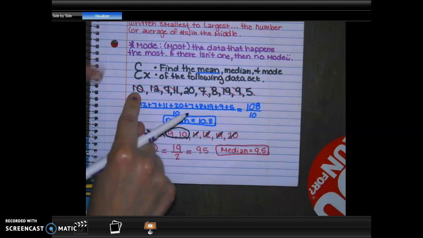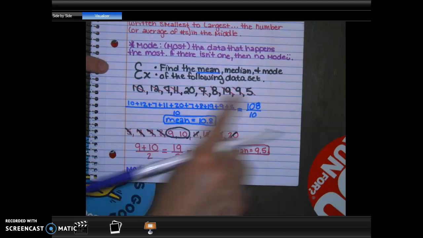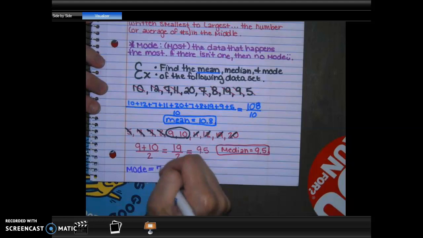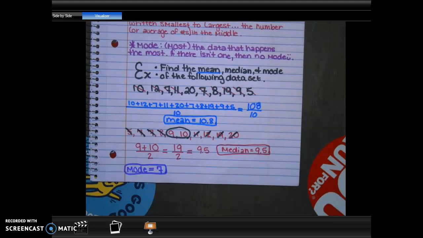So 10's only once, 12 is only once, 7 shows up twice. And if I keep looking, I notice 7 is the only one that is showing up twice. So 7 is our mode because it shows up the most. Now, you might be saying, well, what do we do if there is more than one number that shows up the same amount? Let's say 8 showed up twice as well. Well, your mode would be 7 and 8, okay?